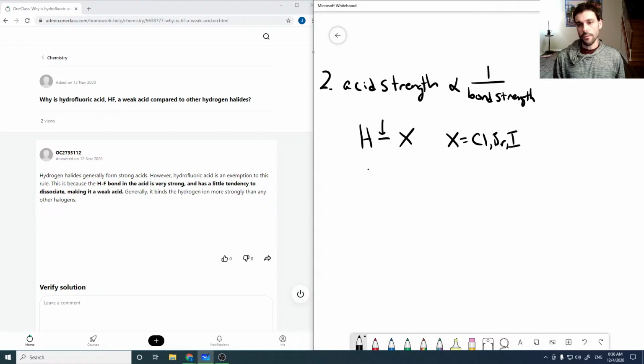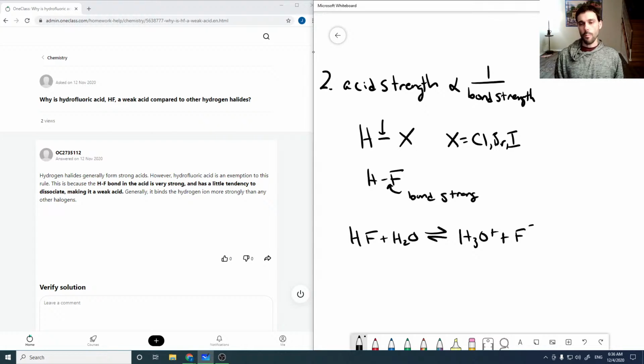But then for HF, this bond is strong enough that instead you get an equilibrium. Because now it can go back and forth, and so now you have a weak acid instead of a strong acid.